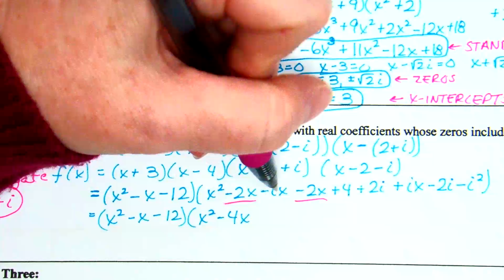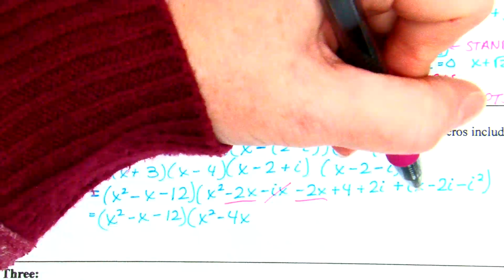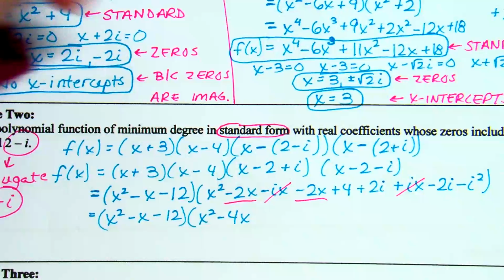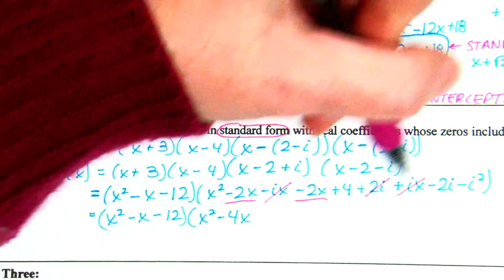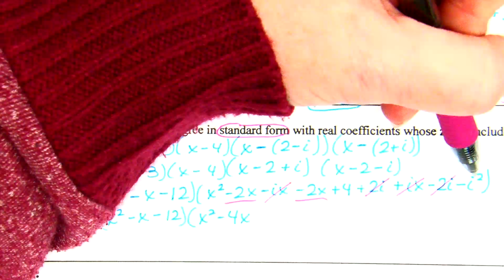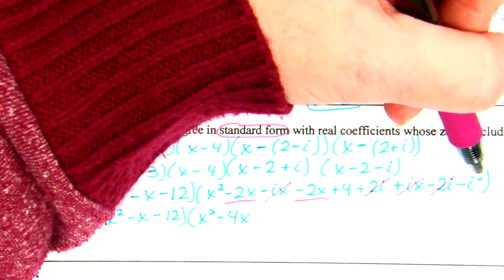Minus ix cancels with plus ix. While I'm at that business, 2i cancels with minus 2i. I have a 4. And what do I know about minus i squared? Yeah, it's minus negative 1, which is plus 1. And 4 plus 1 is 5.